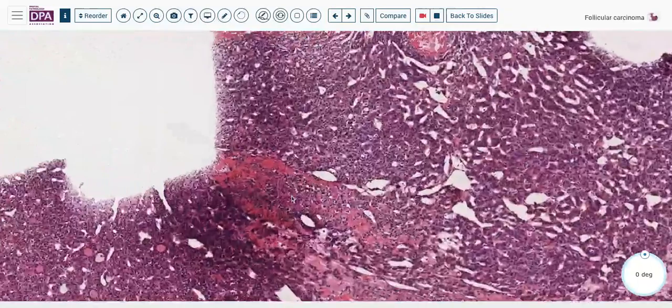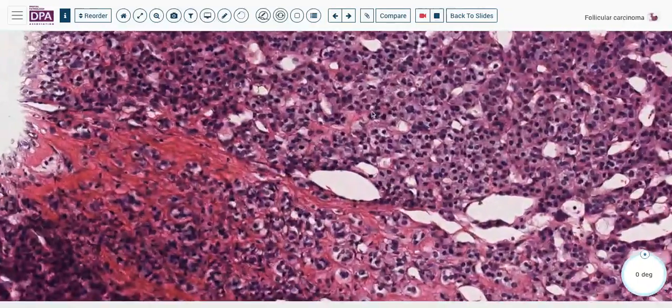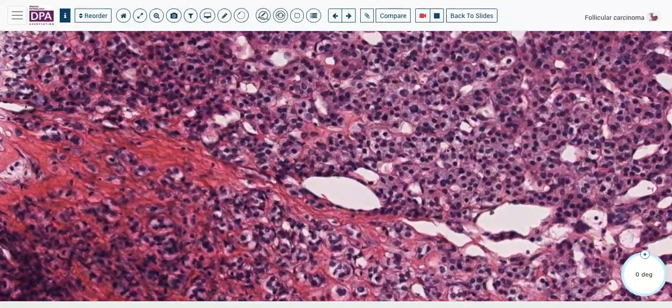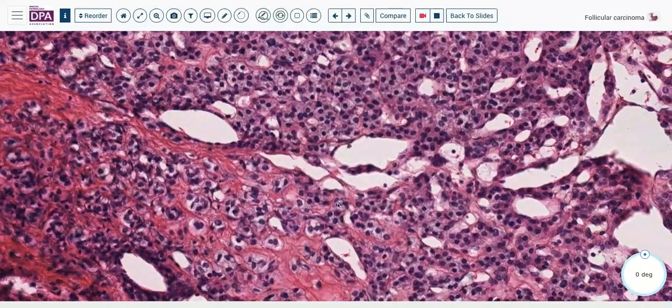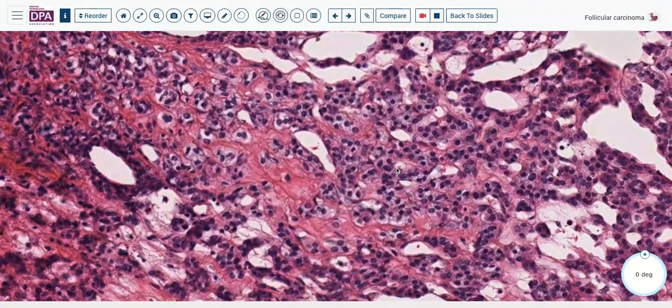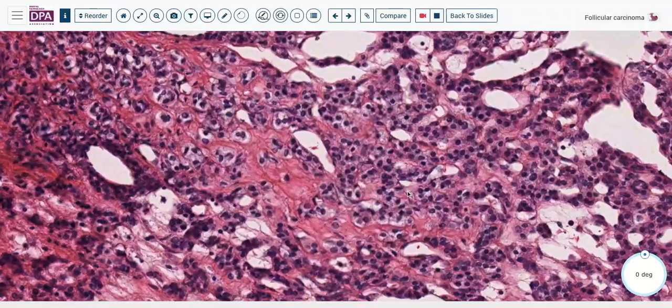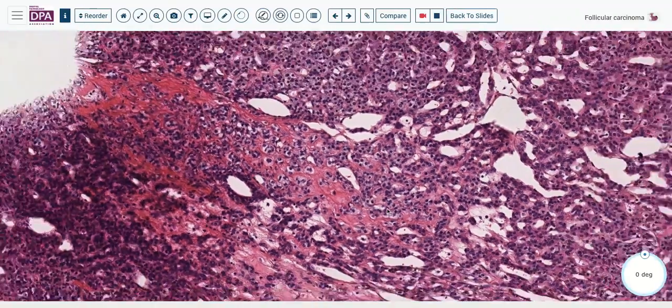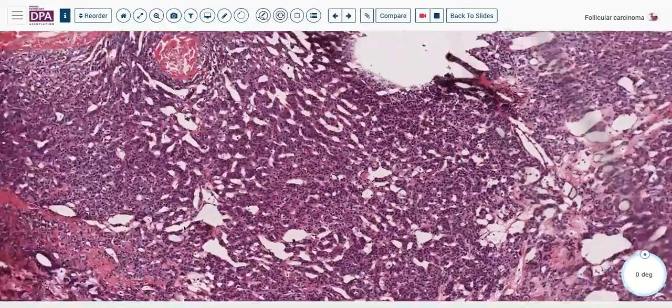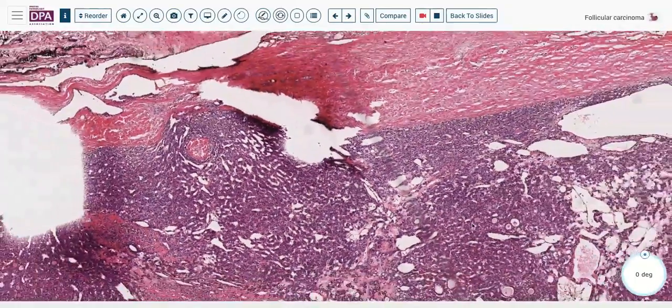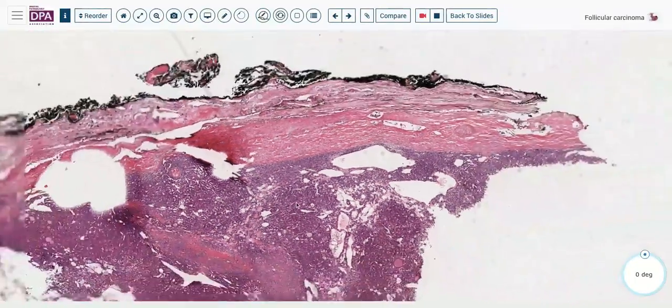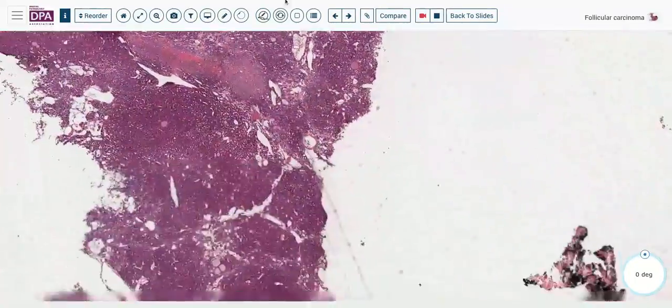So again, we have to answer the question, do we have any features to suggest papillary carcinoma? Well, we see some nuclear atypia here. We don't see the clearing. We don't see the nuclear inclusions. We don't see the same degree of overlap. And we're in a totally solid or follicular pattern of expression here in this tumor.